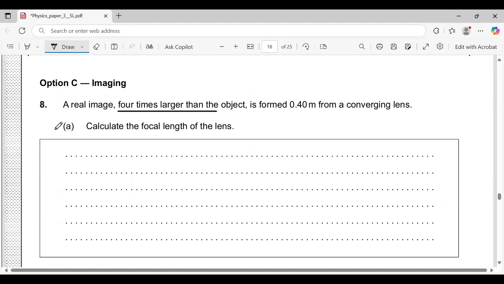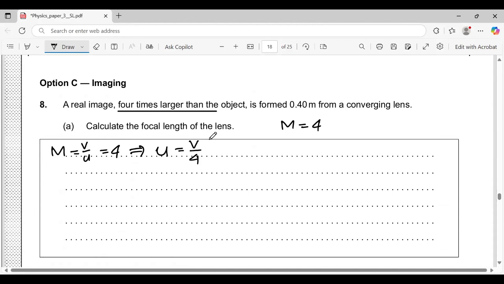M equals V over U. And based on this information that m equals 4, U equals V over 4, a quarter of V.